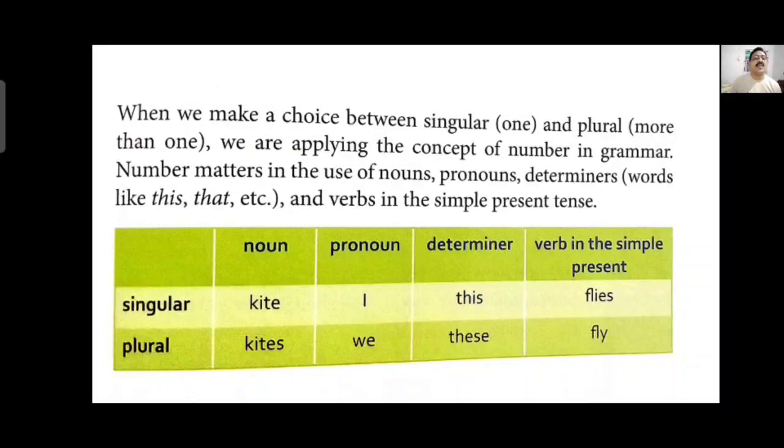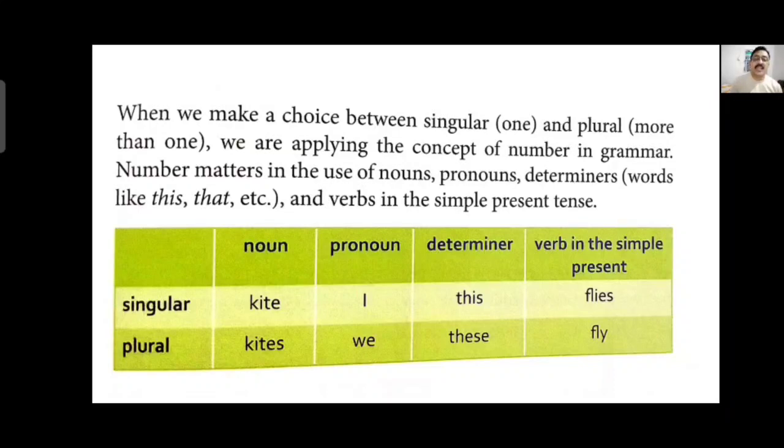Like you can see, flies. Because when the subject noun or subject pronoun or determiner this is there, they are all singular in form, then the verb will have S, ES or IES along with them. Like you can see, flies.